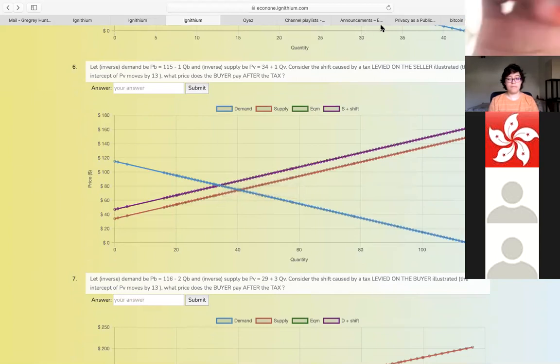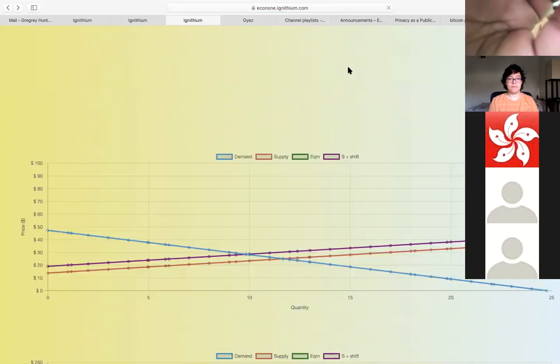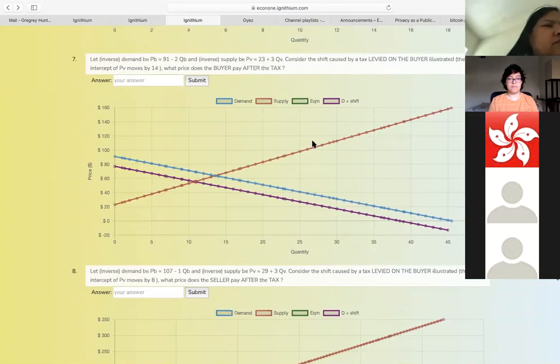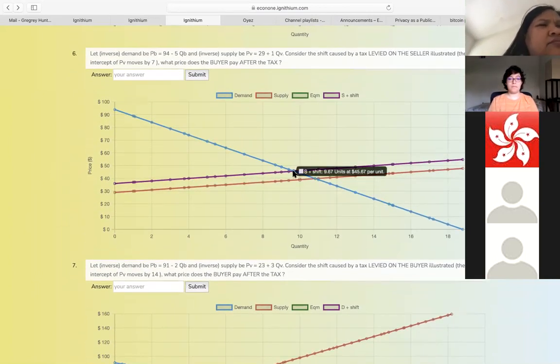You can't necessarily really see it. So maybe we get another example. Reload that. Let's see if we can get a better one. Maybe this one's a little bit better. But see, there's no corresponding price on the original supply curve, right?